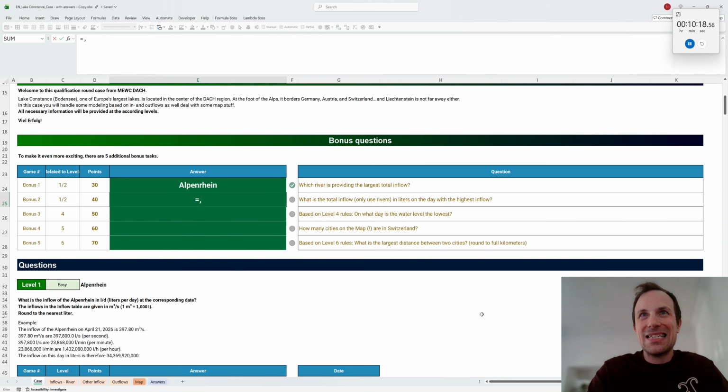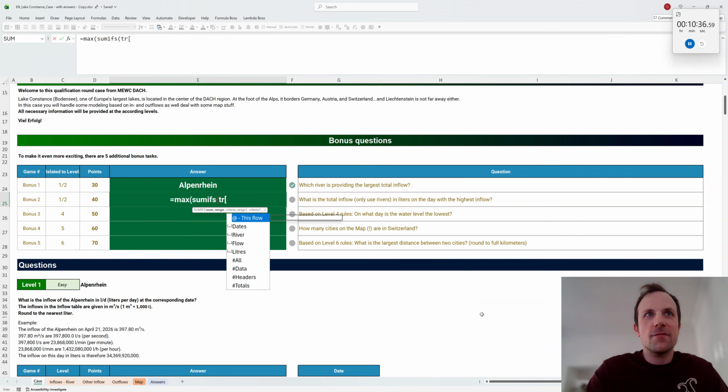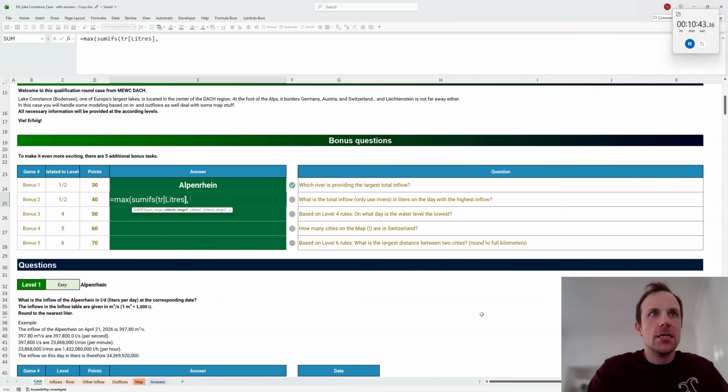So I basically need the max of, I'm going to do a map for each, do I need a map or can I just do some ifs over an array? Probably, let's try it. Sumifs of TR total inflow, I need it in litres, TR litres where TR dates equals unique TR dates.